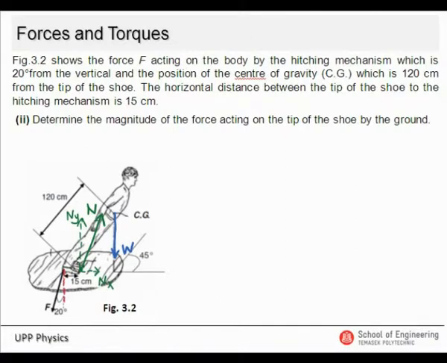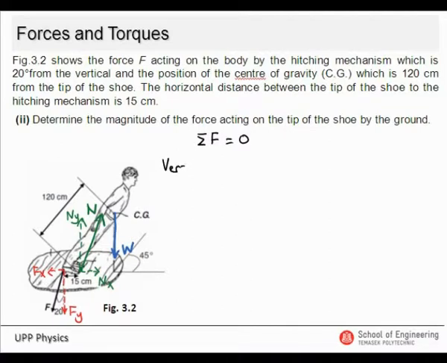So this is the vertical component of force F, I'm going to call it Fy, and the horizontal component, call it Fx. So after the resolution of forces, we can proceed to use the first condition of equilibrium, which is that all the forces must add up to be zero.